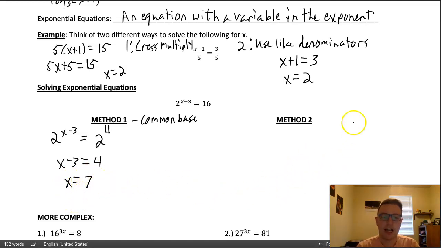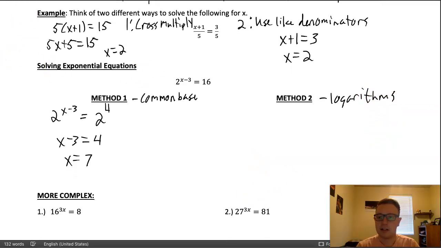The second method we have is using logarithms. If we want, we can take 2 to the x minus 3 is equal to 16. And if we want to get this base to the other side, we can take the logarithm.